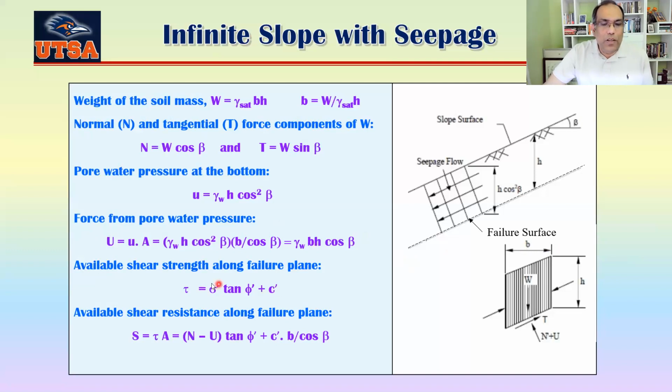So if you change that one, then this has to be the total normal force minus the pore water pressure, no, not pressure, that's actually force from the pore water, and then tan phi prime and C prime dot B divided by cosine beta.